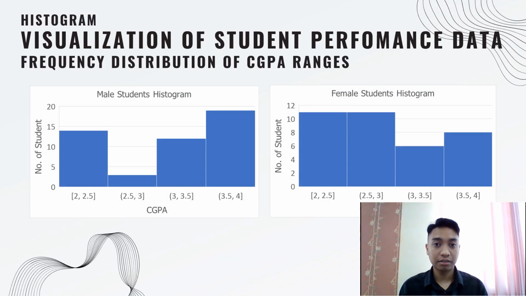Thank you, Nazril. So I will continue the presentation. This histogram shows the frequency distribution of CGPA range among the students sampled. It gives a clearer picture of how CGPAs are distributed across the dataset.